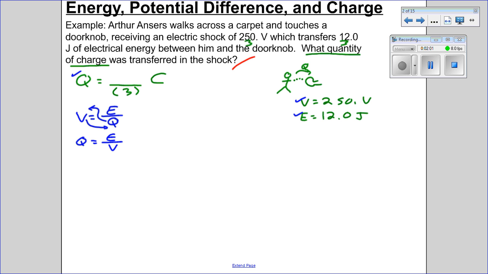So now we have done our step 4 and our algebra in step 5. Plug numbers in, and we're going to get an energy of 12.0 over 250. So that's joules over volts. Now, a quick little mental math thing on the side here. Let's do this mentally.